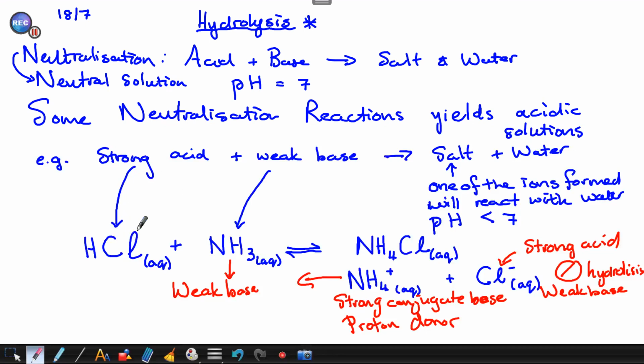When a strong acid reacts with a weak base, hydrolysis of the salt, actually of the cation that is formed, will take place. So I'm still getting to the hydrolysis. I'm trying to explain why hydrolysis will take place. Because a weak base will form a strong conjugate. Sorry, I made a mistake here.